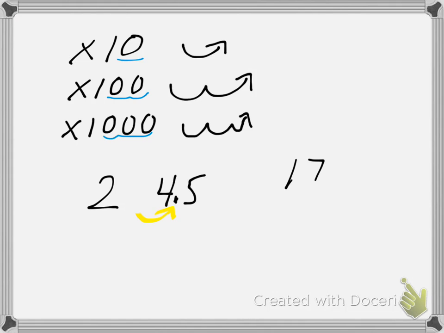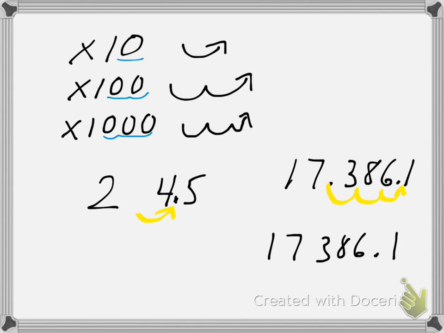If we have 17.3861 and we multiply times 1,000, we move this over 3 places, and we now have 17386.1.